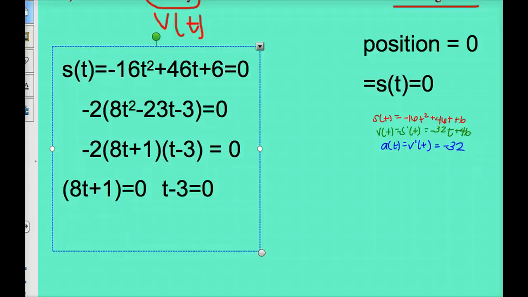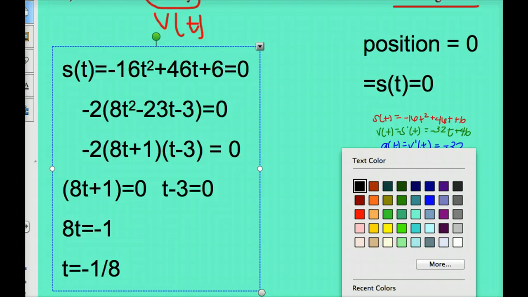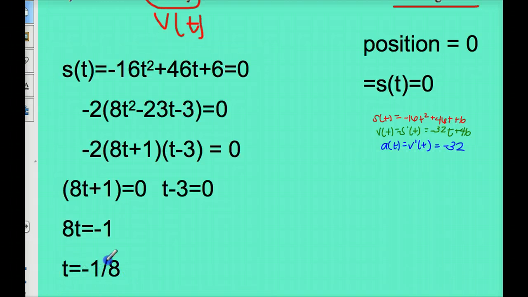If I solve, I get 8t equals negative 1 on this side, so t is equal to negative 1 divided by 8. Well, can time be negative? No. So this time actually doesn't count for us since it's a negative time.